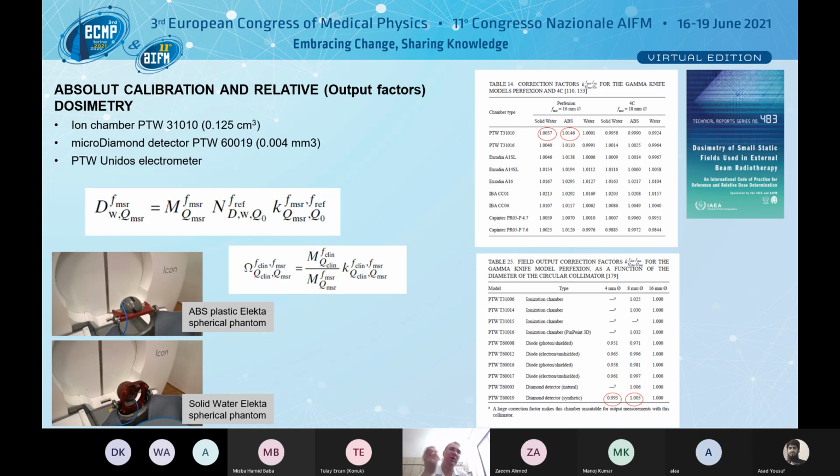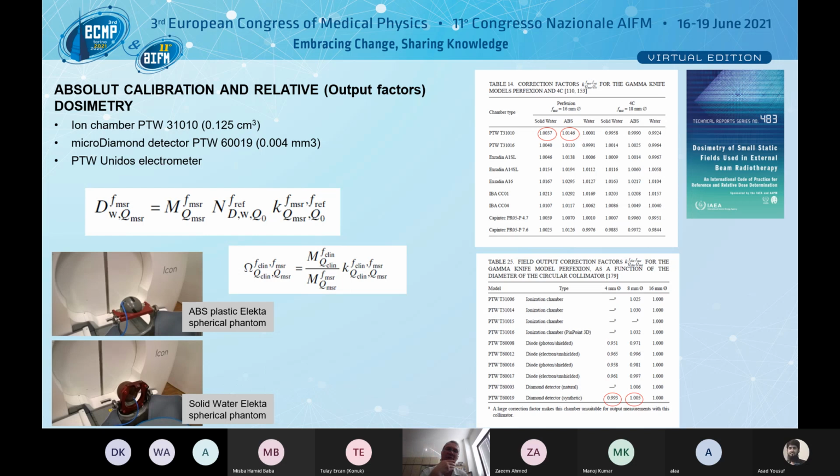If you are not sure, look in this new protocol, call your colleague, ask questions, please, because especially in relative dosimetry, when you go to very small beams like in gamma knife 4 mm, if you use the wrong detector, for example, if I would use a pinpoint chamber, it's a tiny one, a chamber with very small volume, 0.016 cubic centimeters, I still would end up with an error of like 20%.